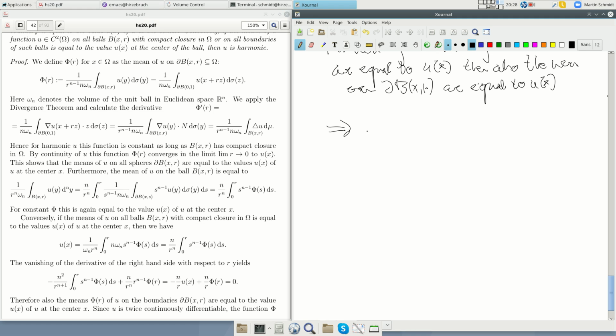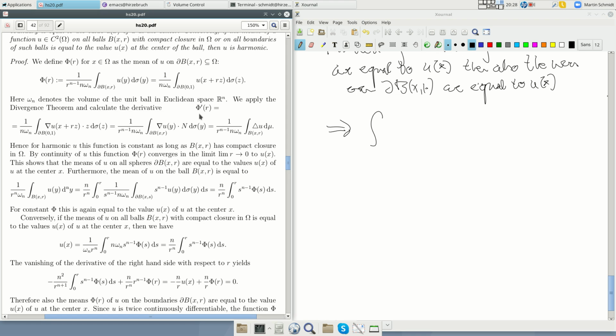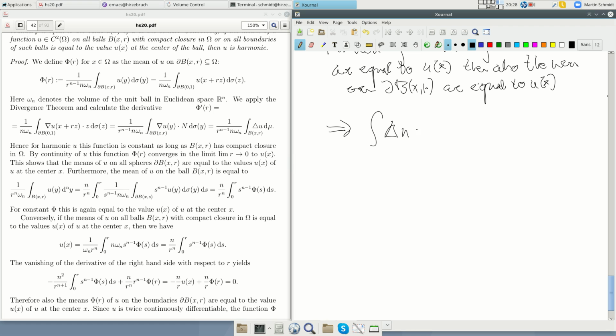Then we conclude that the integral, this is some constant, we conclude that the integral over vanishes for all balls whose closure are contained in omega.